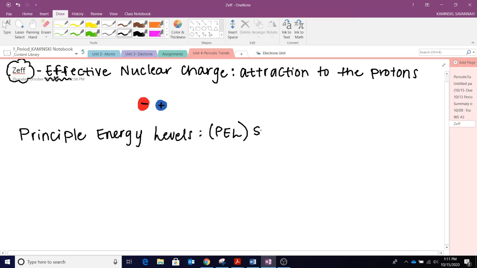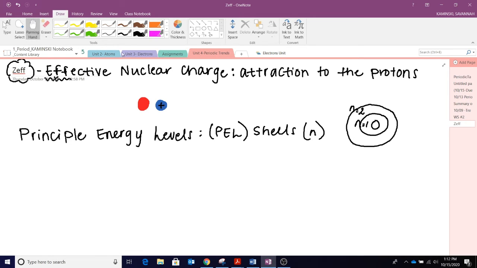And these are just the shells of the atom. We've also called them N. So for example, if this was an atom, this would be N equals 1, and then this one would be N equals 2. So it's just the number of rings or shells or energy levels that an atom has.